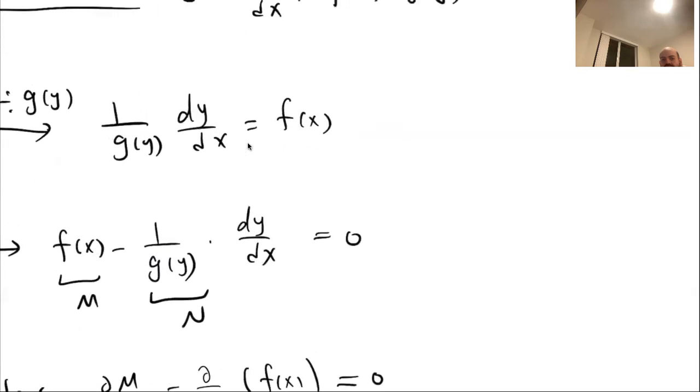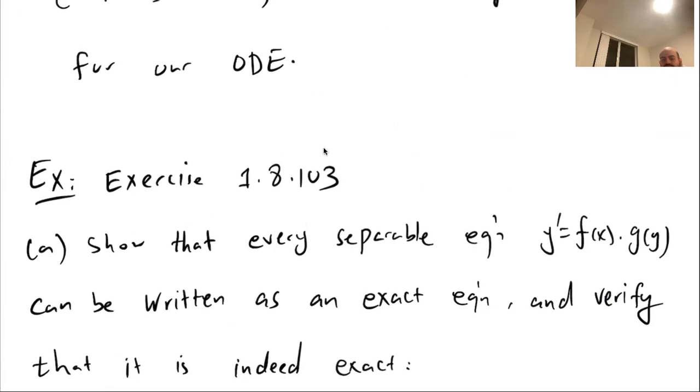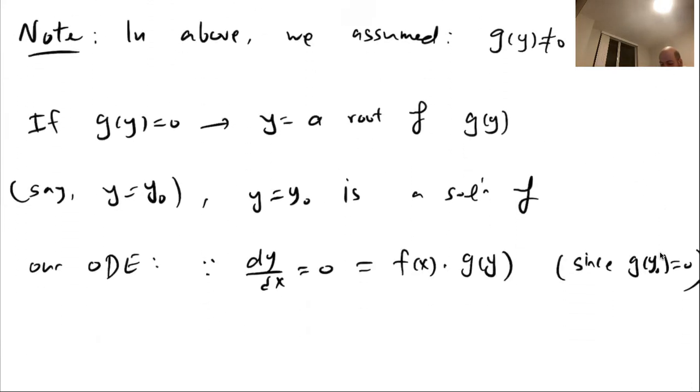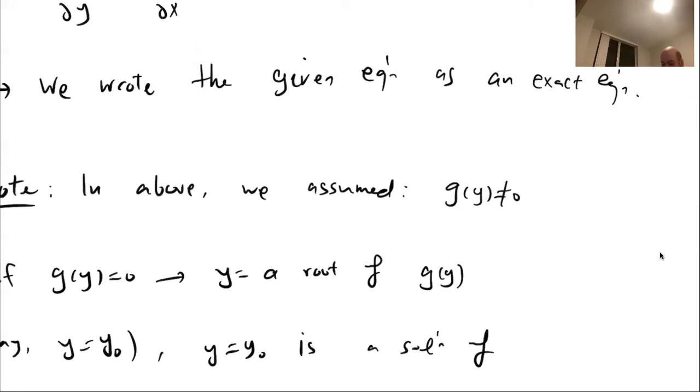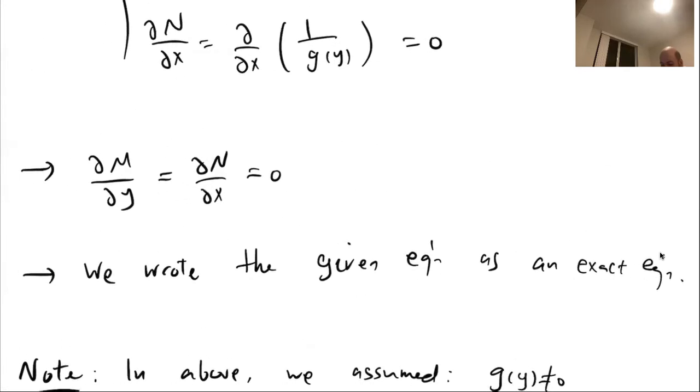Remember, this is our ODE: y prime equals f of x times g of y. Right-hand side will be 0 because g of y naught is 0. Left-hand side will also be 0 because the derivative of a constant function is 0. If y is equal to y naught, it will be a constant function, and the derivative of a constant function is 0.